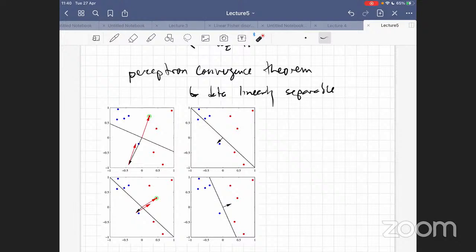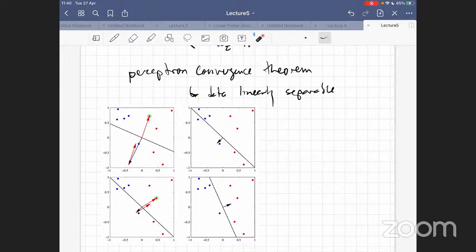Now, the arrow points towards the points of the red class. So the arrow should point towards all the red points. If this is the case, then this red point here and this one are misclassified, because they are on the opposite side of the decision boundary.